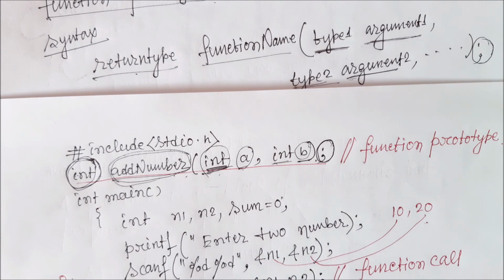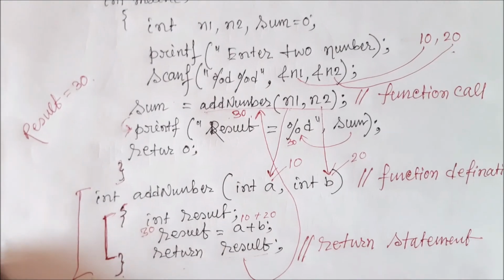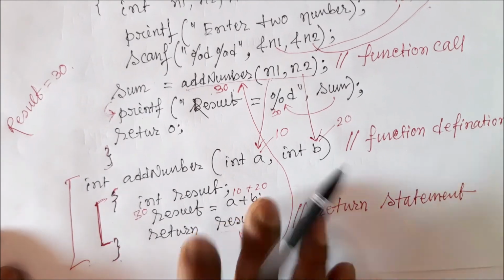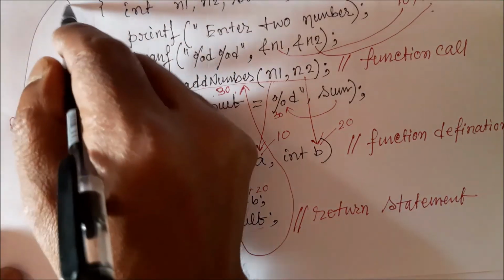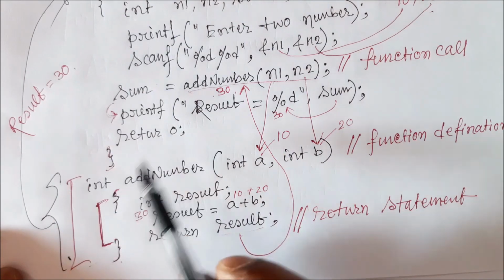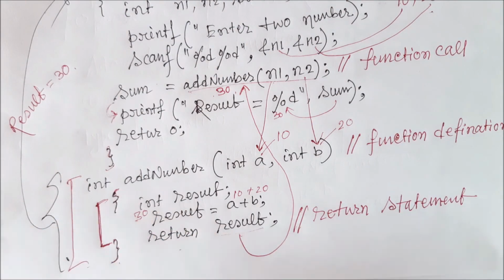I have used this function after the main function. If I write this function just before the main function, then sometimes we do not need a function prototype. So basically we use this type of formation where we have to use the function prototype, so that the compiler can understand that I am going to use that kind of function in future. Then at the end we write the main function. Any C program file may contain a number of functions.